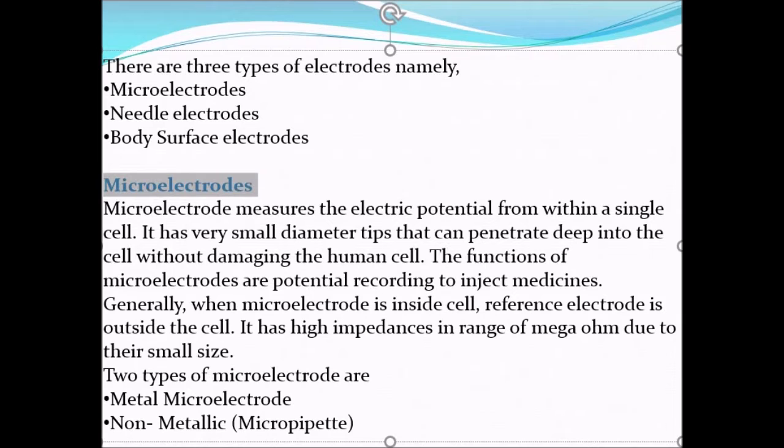These microelectrodes have a smaller diameter, and during insertion of the electrode into the cell, there should not be any damage to the cell, because it is going to measure the biopotentials of a single cell.